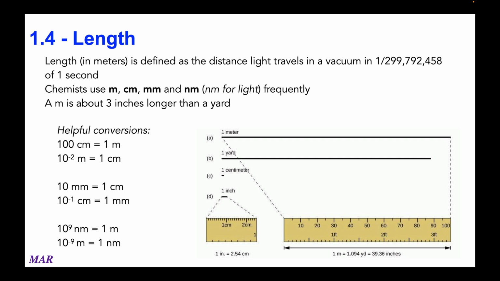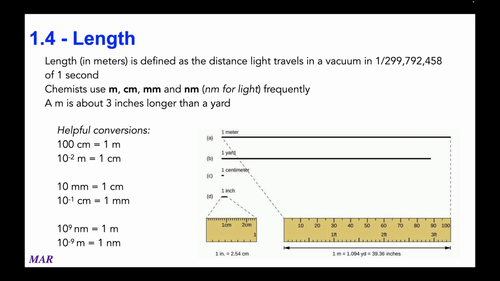It's crazy. So on the left-hand side there, I have some useful conversions. The metric prefix for centi, for example, is 10 to the minus 2. So in terms of length, which is what we're talking about, 1 centimeter would be 10 to the minus 2 meters. But what people do a lot of times is they put the number over on the centimeter side.